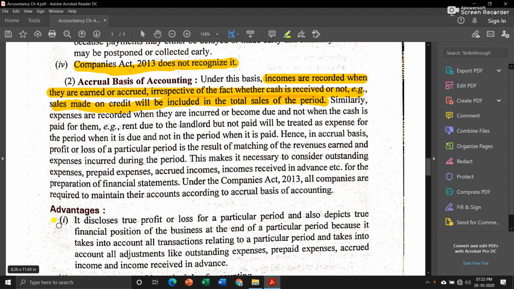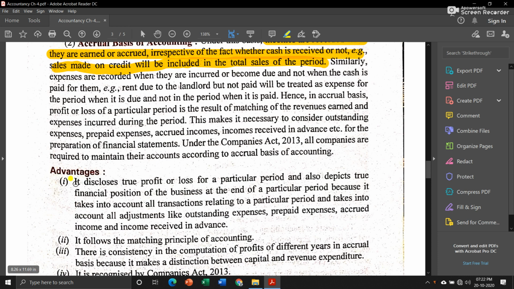Then there are some advantages of accrual basis of accounting. Let us see. It discloses true profit or loss for a particular period and also depicts the true financial position of the business at the end of a particular period, because it takes into account all transactions relating to a particular period and all adjustments like outstanding expenses, prepaid expenses, accrued income, and income received in advance.